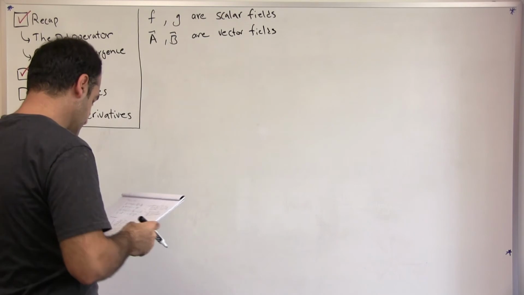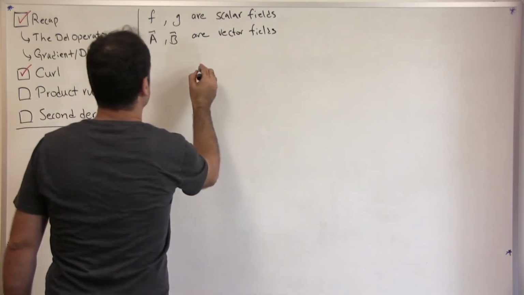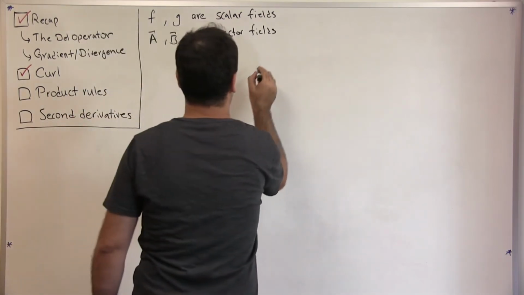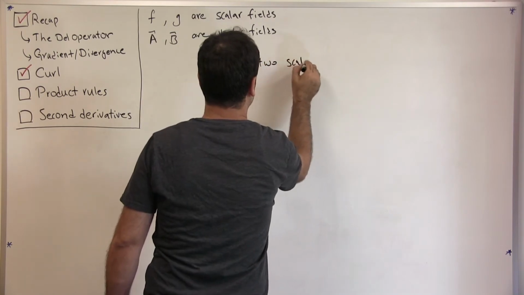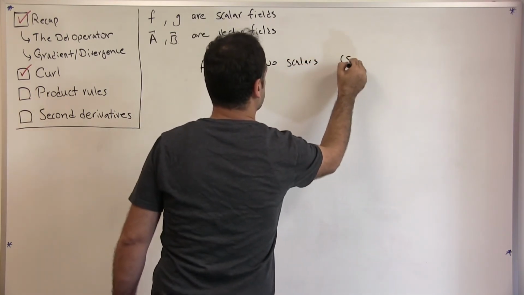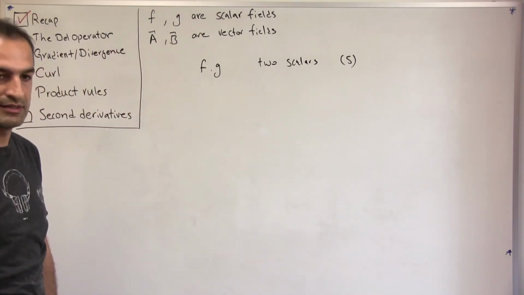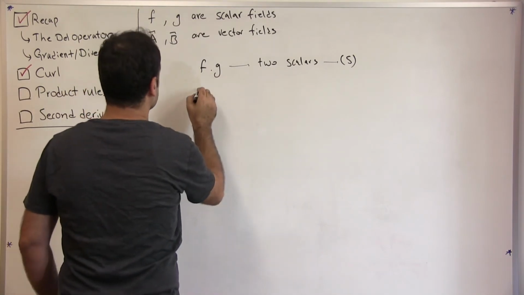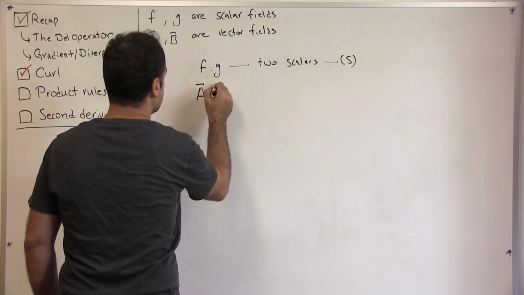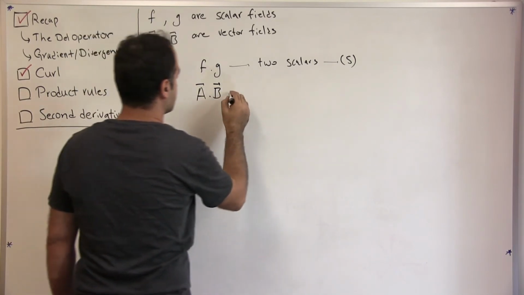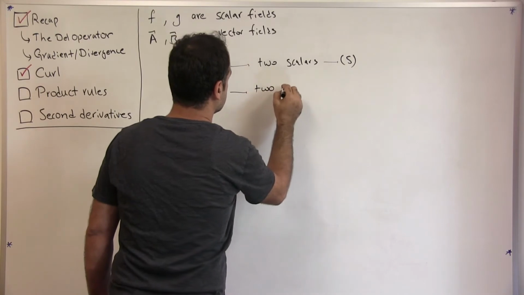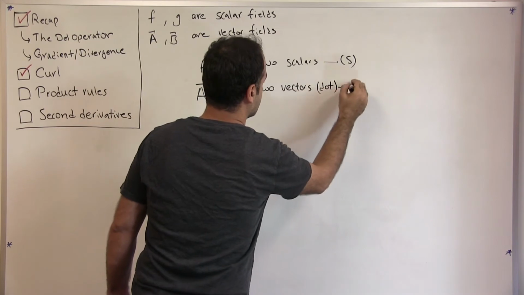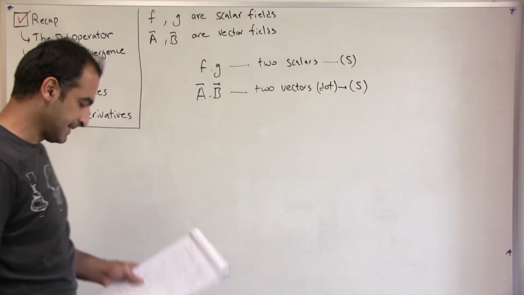Now the way we can combine these, multiply them by each other. One way is F times G. So we have two scalars, and obviously this is a scalar. I'm going to write S in parentheses showing that this is a scalar. So two scalars give us a scalar. We can do A dot B, two vectors' dot product, and that's going to give me a scalar as well.